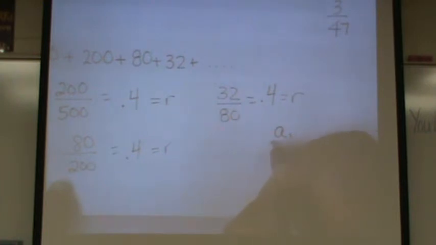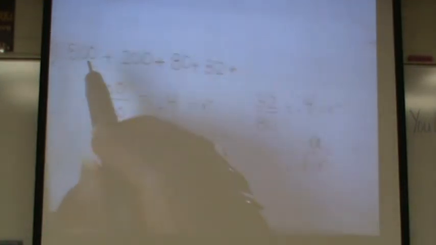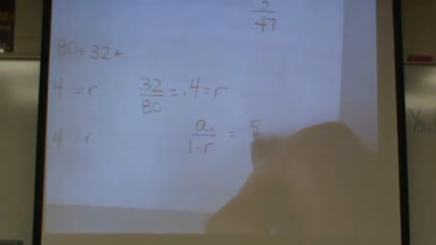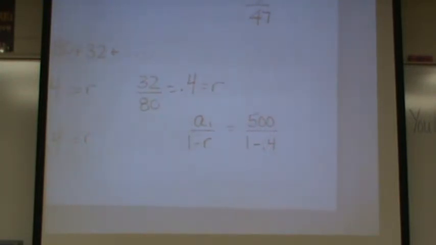So your sum is a sub 1 over 1 minus r. Well, your first term is 500, over 1 minus 0.4. So use your calculator, 500 divided by 1 minus 0.4, and don't forget to use parentheses in your denominator.